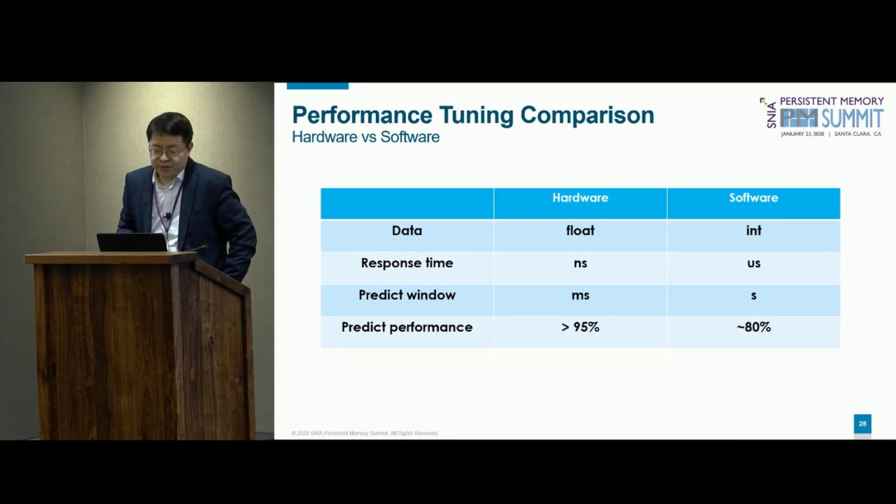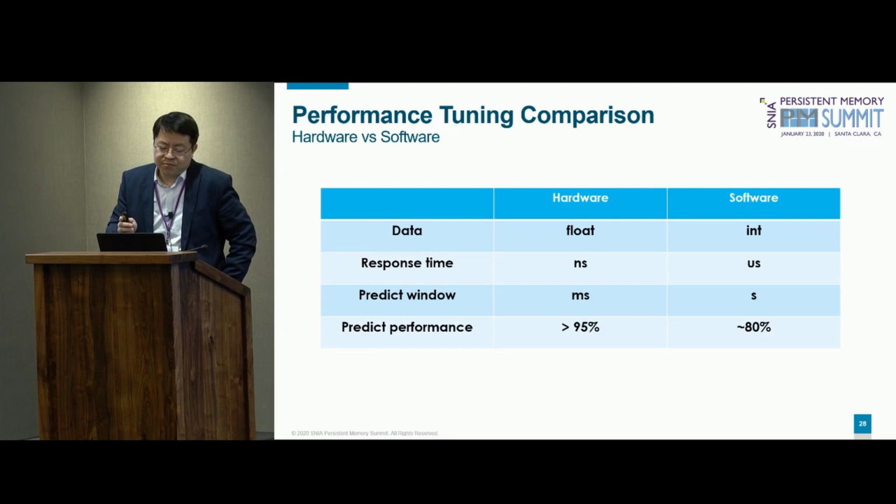So what are the differences? From the response time perspective, the hardware is at nanosecond level, and the software is at microsecond level. And from the predict window, you can see that hardware can do the millisecond, and the software only does the second level, which means granularity is different.